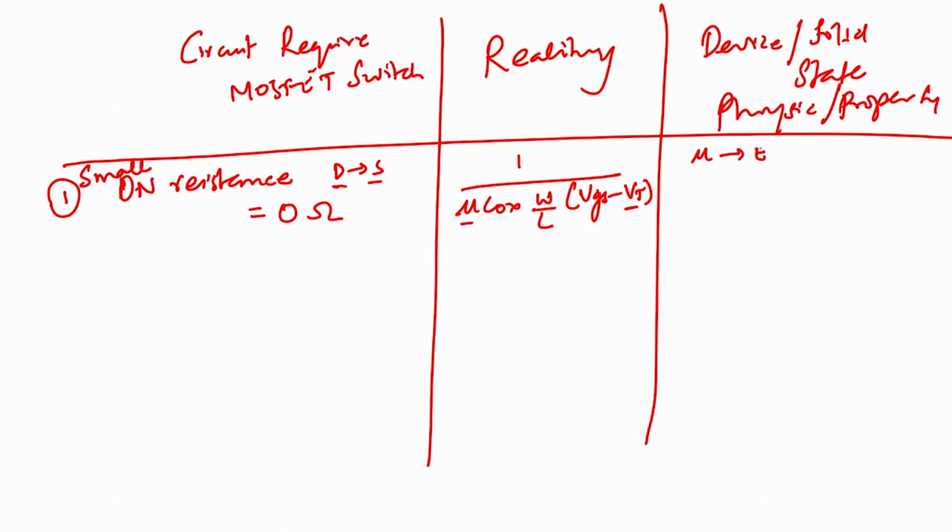So mobility comes from the E-k diagram, and it is dependent on your T call and effective mass.